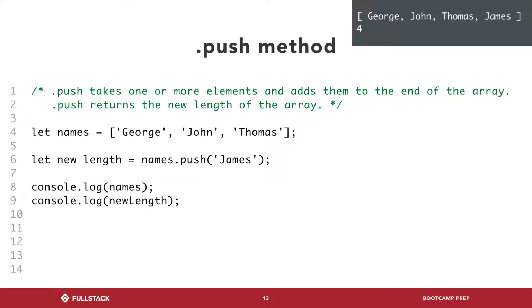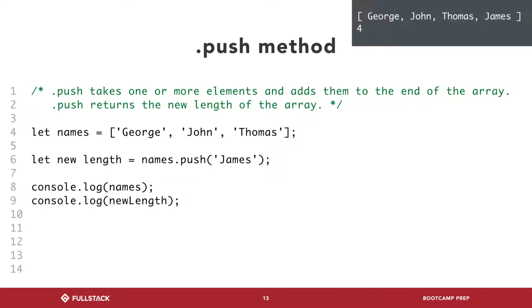Okay, so for .push, what it does is it adds an element or elements to the end of the array. Whether or not it changes the original array, the answer is yes, it does change the original array, right? If I have an array with three things and I say, hey, array.push a fourth thing, now my original array is going to have four things, okay? And lastly, what does it return?